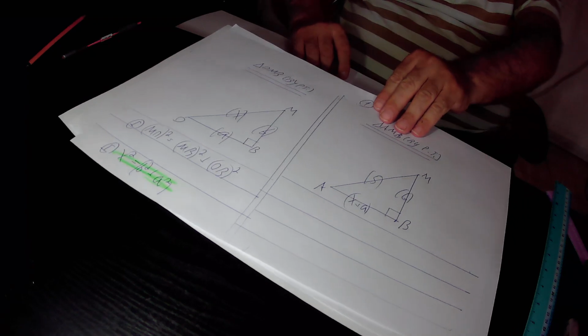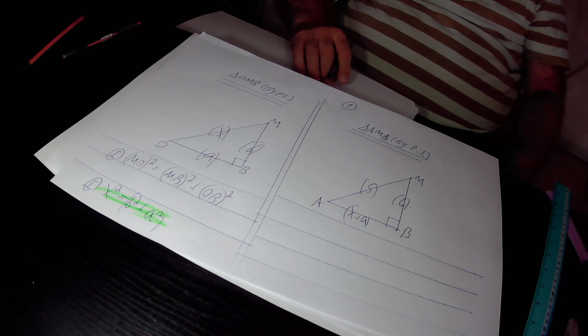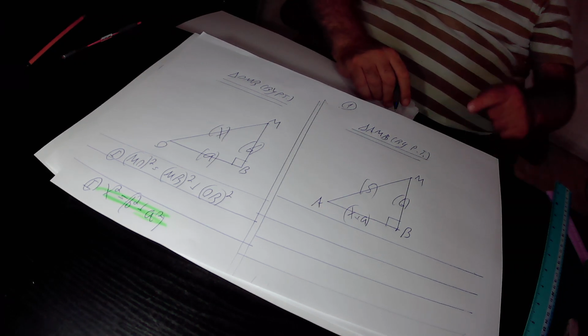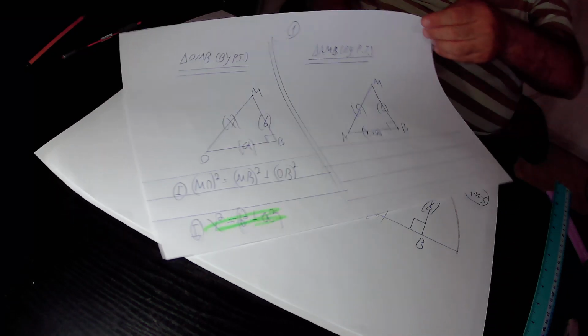So this is the right triangle AMB that is copied from the original drawing. In right triangle AMB, MA squared, that is the square of the hypotenuse, equals MB squared plus BA squared. So I write it down. This will be equation 2.